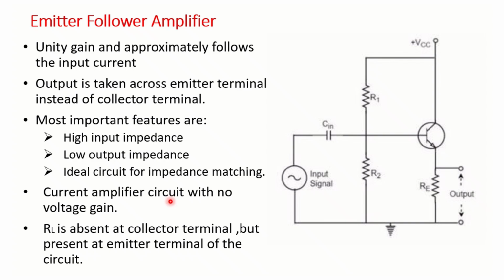So, emitter follower amplifier is a current amplifier which has no voltage gain. Also, we are not taking output across the collector. There is no need for RL to be connected at the collector. So, RL is absent at the collector terminal but present at the emitter terminal of the circuit.